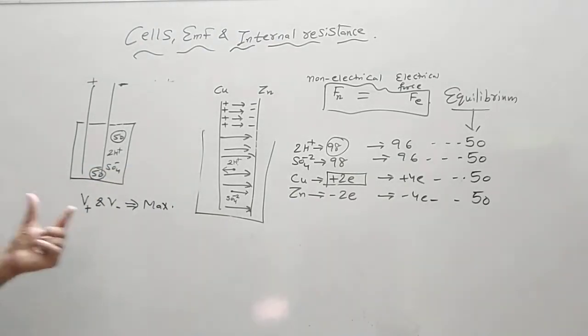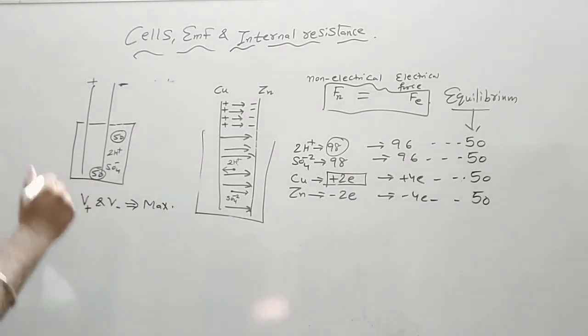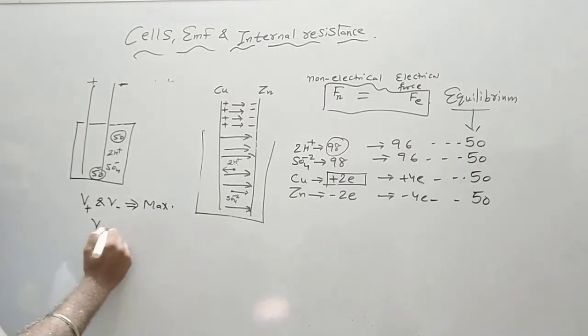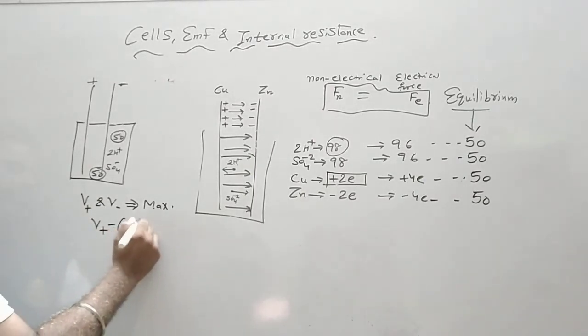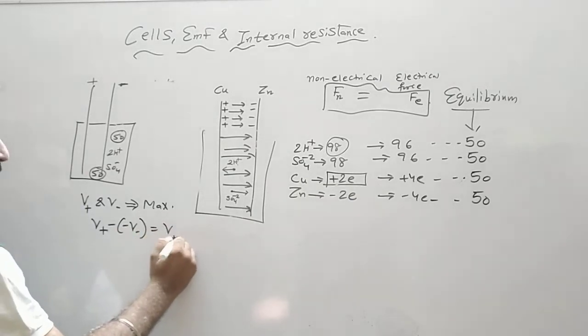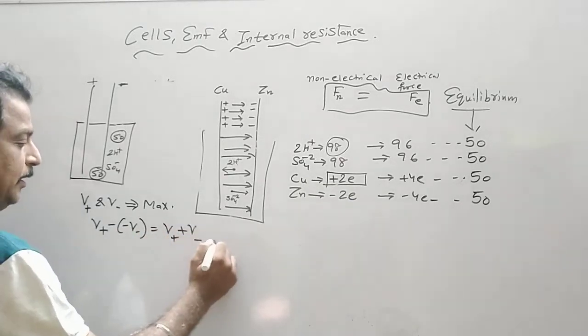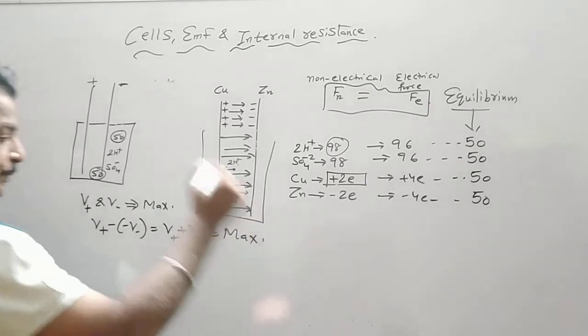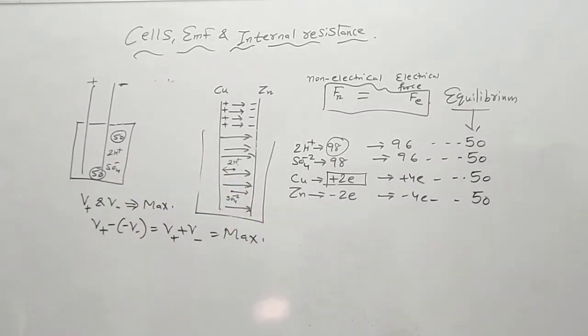So this potential difference is maximum between the two electrodes, that is V plus minus V minus, that is V plus plus V plus minus, this is the maximum value. This minus is taken because this rod is negatively charged, and this is our potential difference. So the potential difference is maximum.